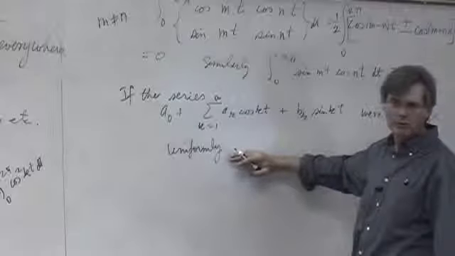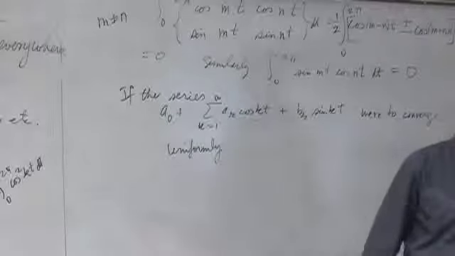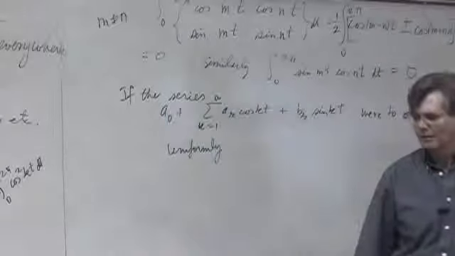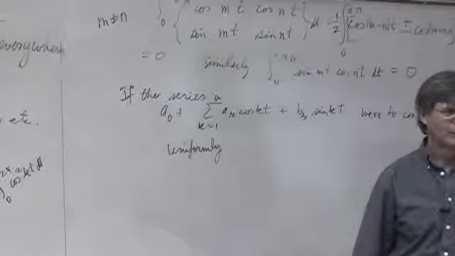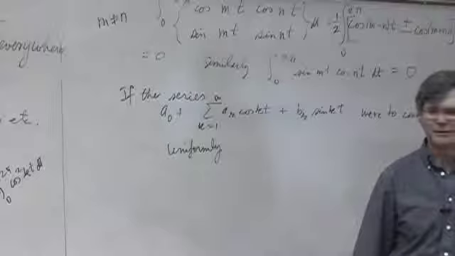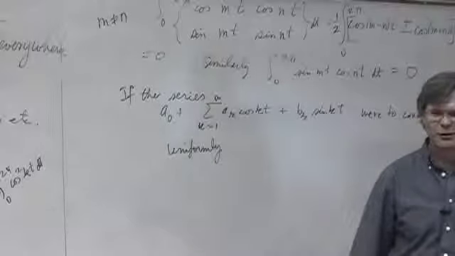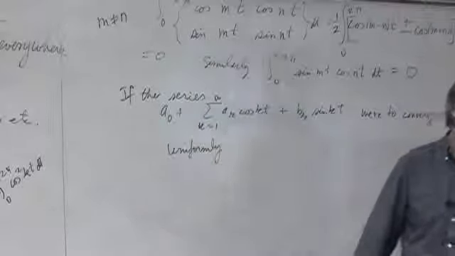So if I had a uniform limit of continuous functions, I get a continuous function. Didn't we do that already? Yeah, we had completeness of C[0, 2 pi]. Okay. The uniform limit of continuous functions is continuous. That's the completeness of the continuous functions. Okay.